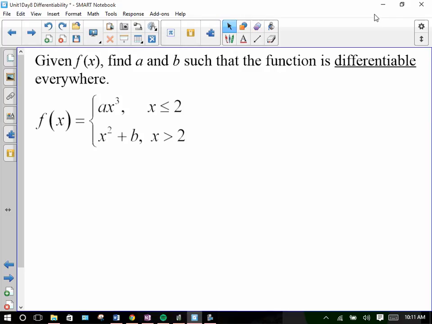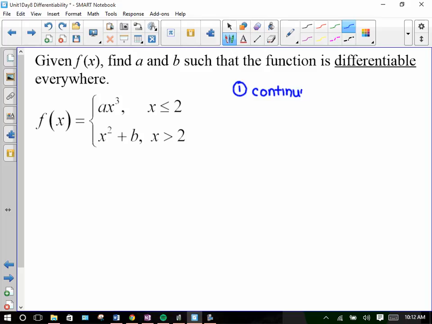Alright, so here, we've done problems similar to this on our homework. But we need to figure out two things. First of all, we need to figure out how to make this function continuous. So this function needs to be continuous.